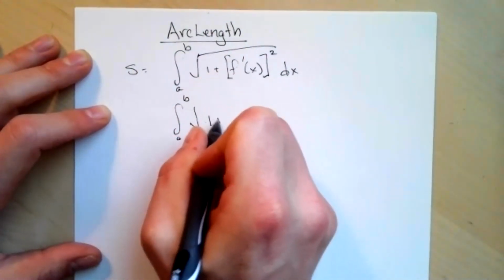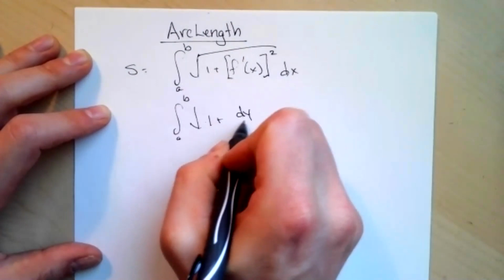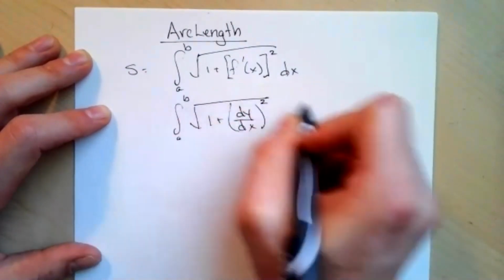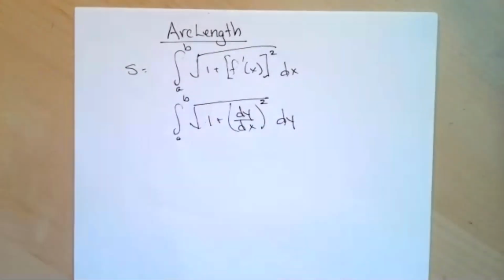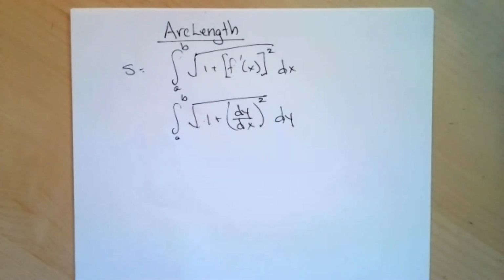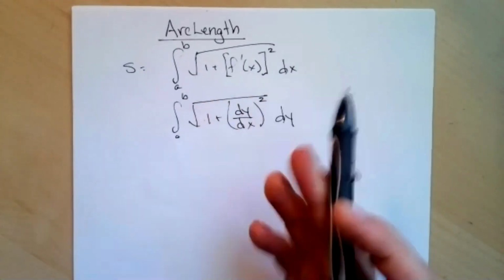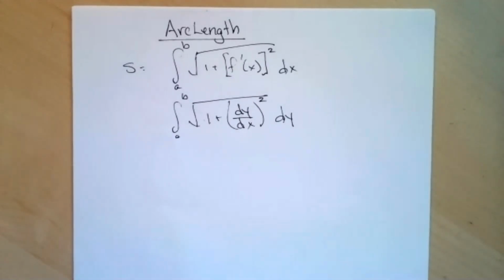Which can also be written this way, using Leibniz notation. And you can imagine if you have x as a function of y, just as we derived this, you could replace these with f prime of y dy if you are integrating with respect to y.